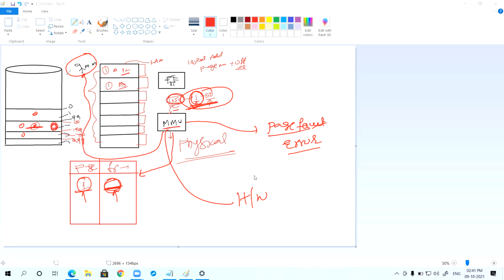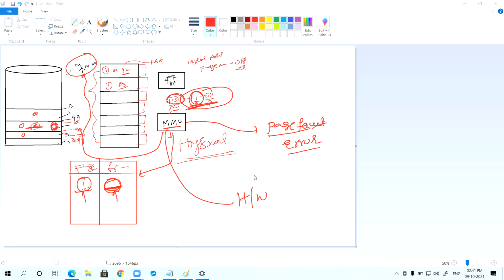Now tell me, when does the page fault occur? When the required page is not available in any one of the frames, then the page fault occurs.